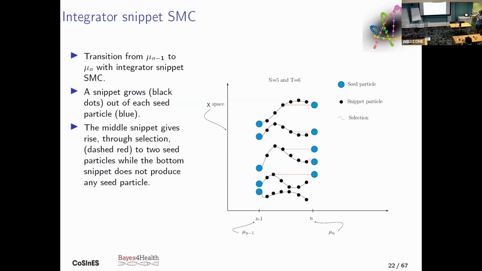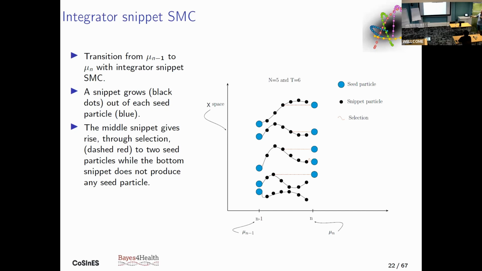Here, we consider all the points, and instead of only the endpoints competing for survival to the next iteration and giving rise to the seed particles at iteration n, everybody here, including these seed particles, is put in the same bag, and they compete. So we use all the samples, and there's a big competition. Instead of being between 5, it's between 5 times the number of integration steps on each snippet.